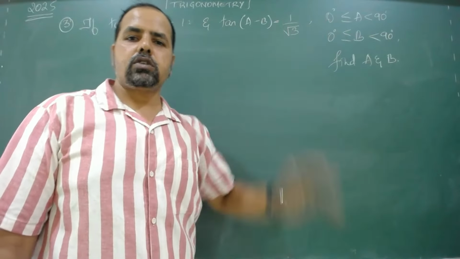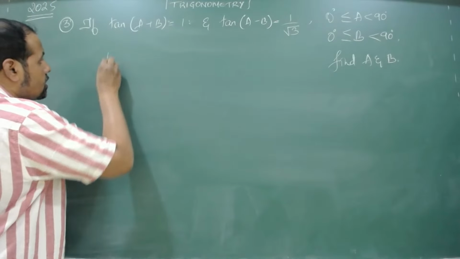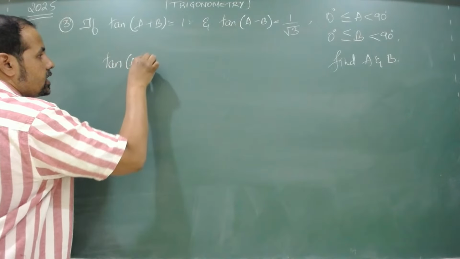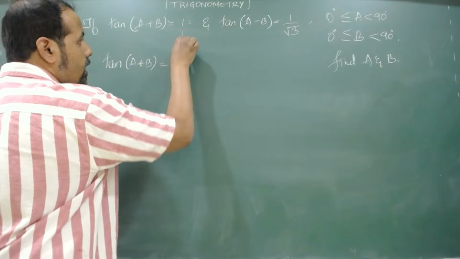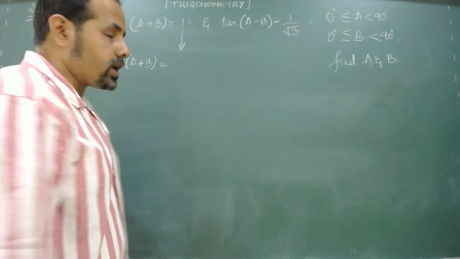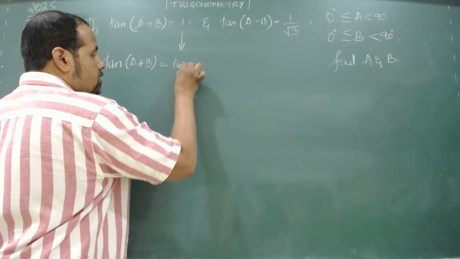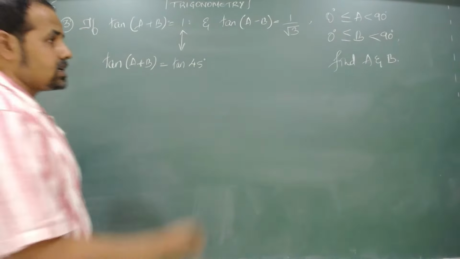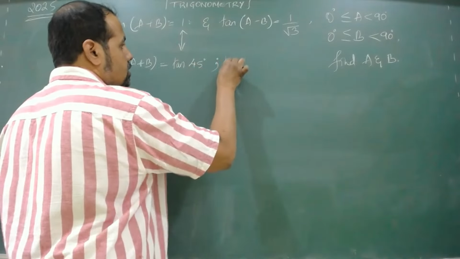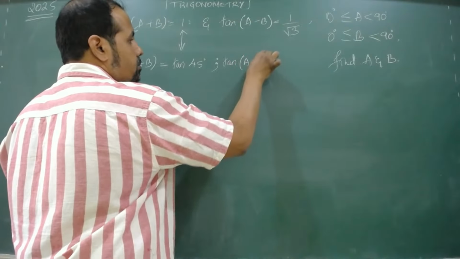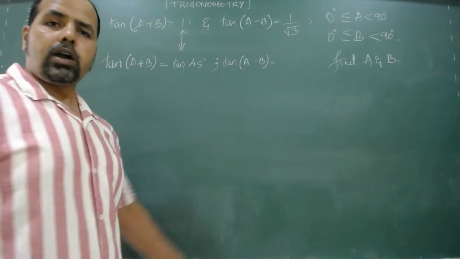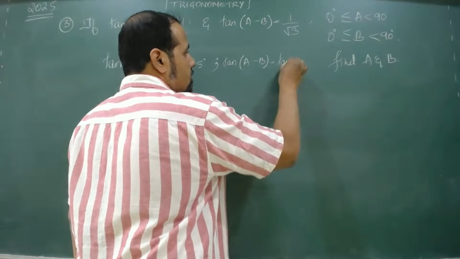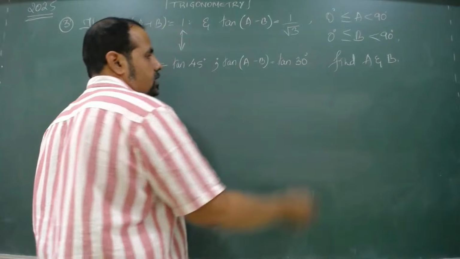Now, the concept is based on specific angles. Observe: tan of A plus B is equal to 1. For what value of tan do we get 1? You very well know that tan 45 is nothing but 1. In the same way, tan of A minus B is equal to 1 by root 3, and you very well know that this is tan 30.